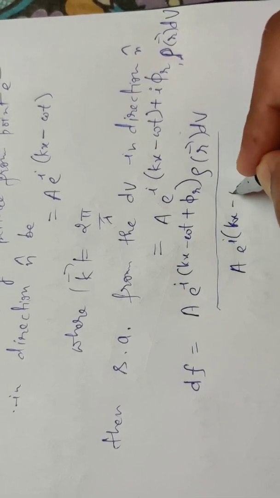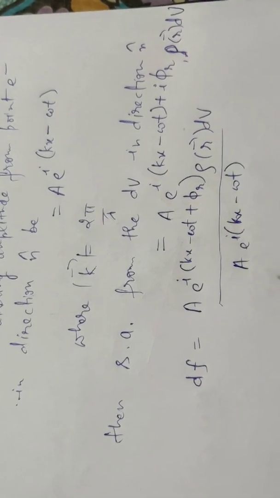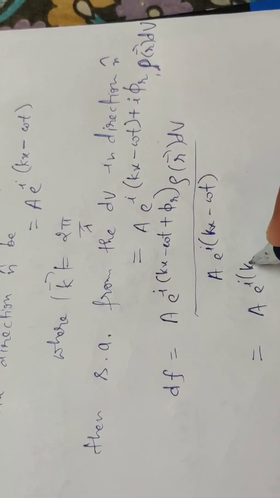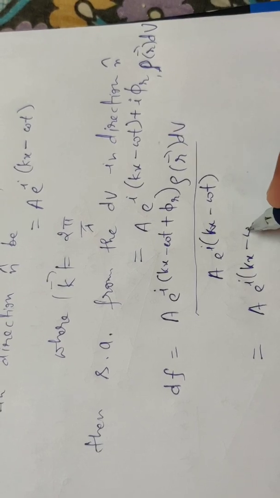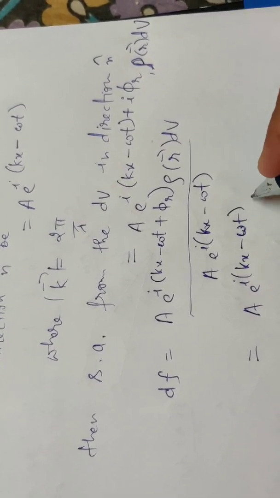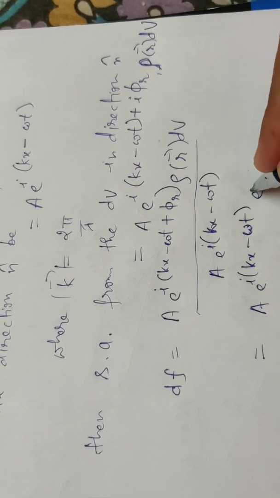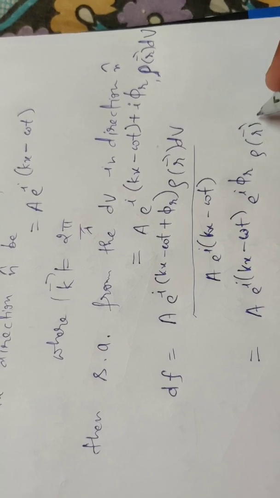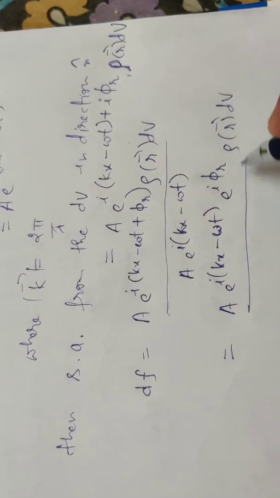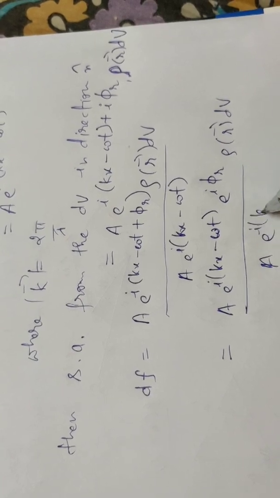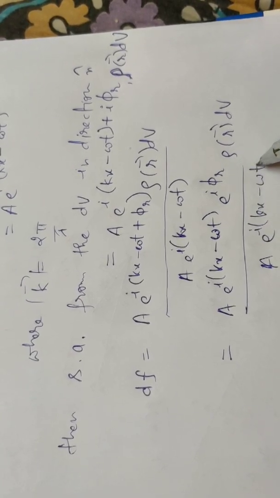Now by solving this, e raised to power iota (kx minus omega t) I can write like this: iota phi r rho r dv divided by e raised to power iota (kx minus omega t).